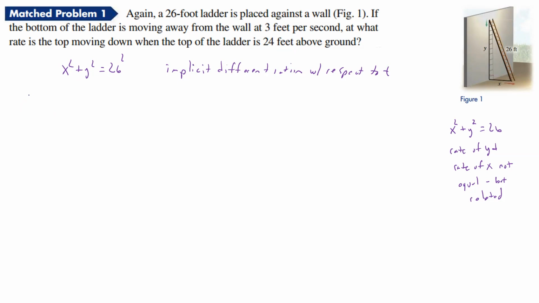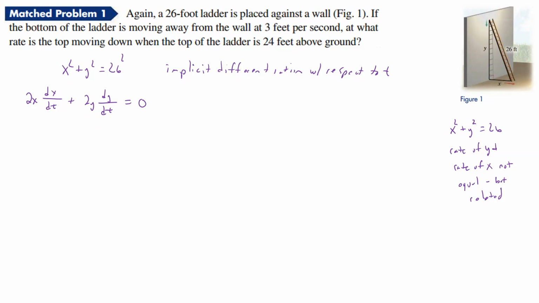So if we take that with respect to time, that's going to give us 2x dx/dt, plus 2y dy/dt. And the nice thing about a number is that its derivative is going to be 0. Now we have related rates because we have a dx/dt and a dy/dt.